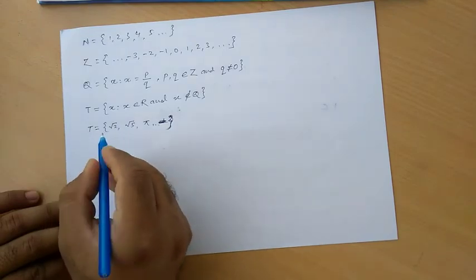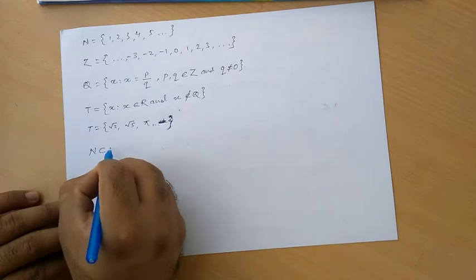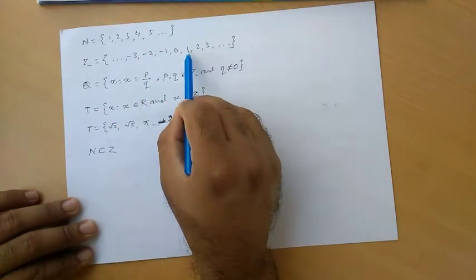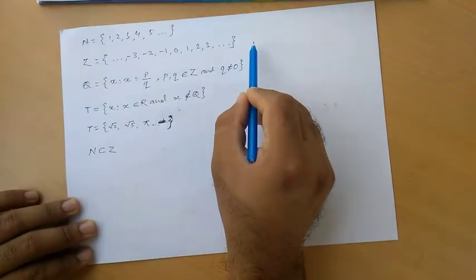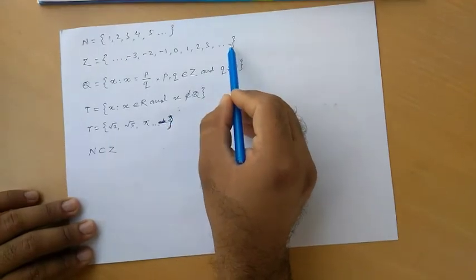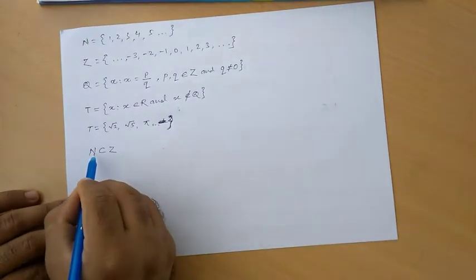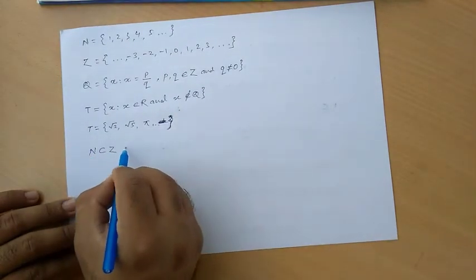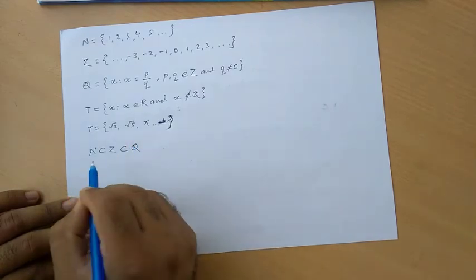So subsets are, say, natural number is a subset of integers, as we can see 1 2 3 4 5, and this is starting from minus infinity and going to plus infinity, and in between we can find 1 2 3 and so on. The same thing we are approaching over here. So N is a subset of Z, and Z is a subset of Q. How?